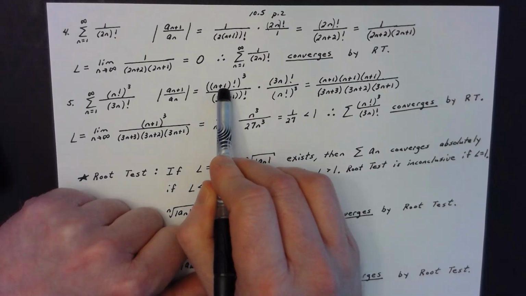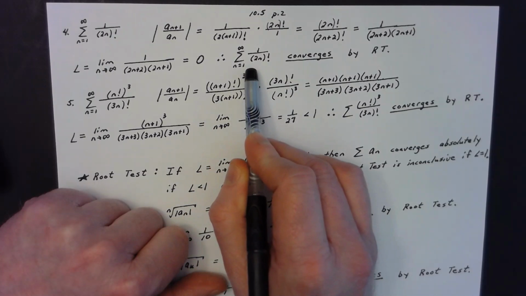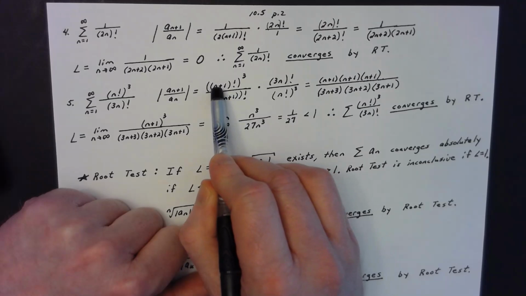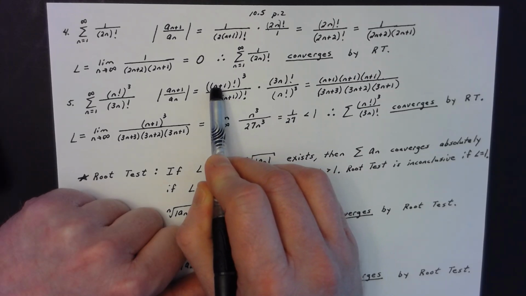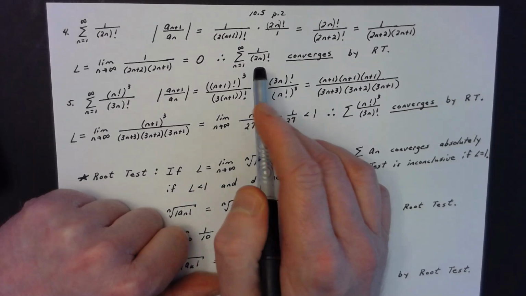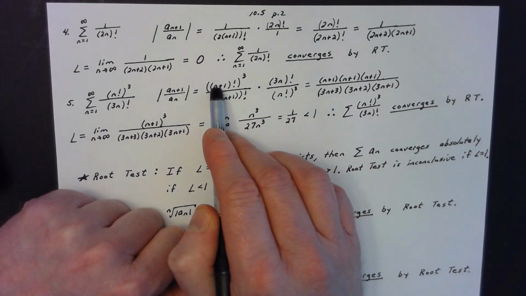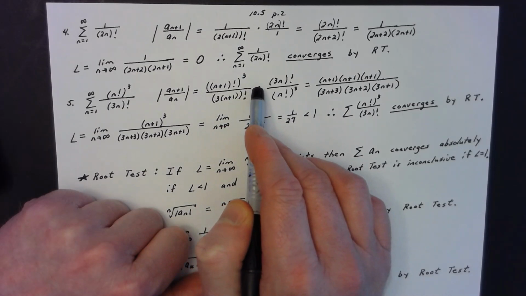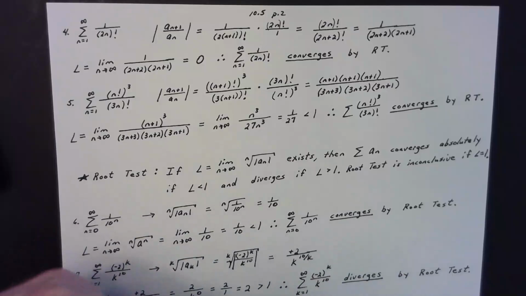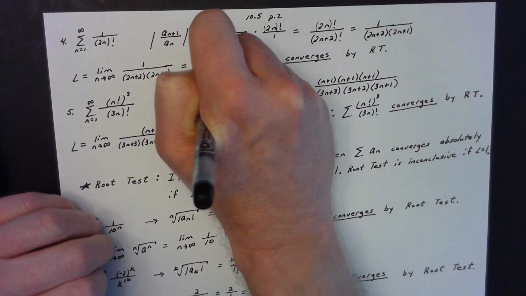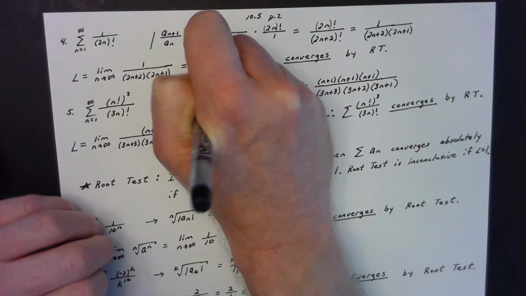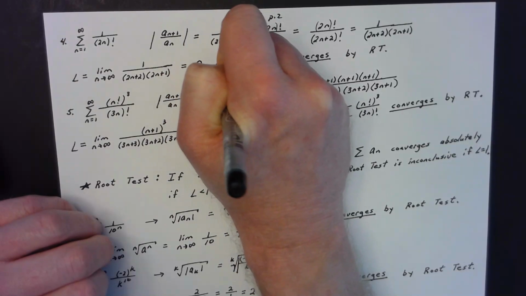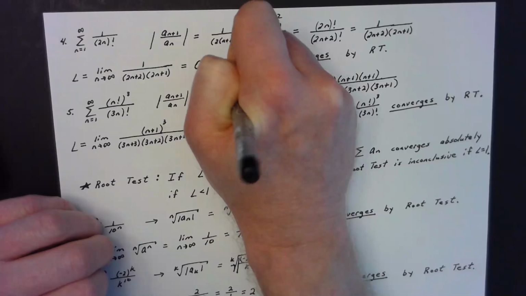This n plus 1 factorial to the third means n plus 1 factorial multiplied by itself 3 times. Each of those n plus 1 factorials is n plus 1 times n factorial. So I can say this right here means the same thing as n plus 1 cubed times n factorial cubed.